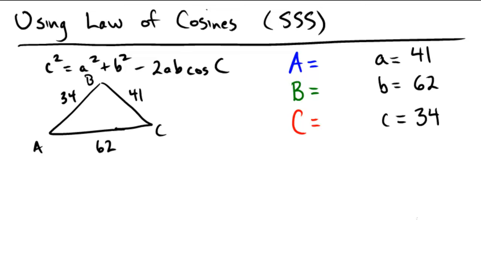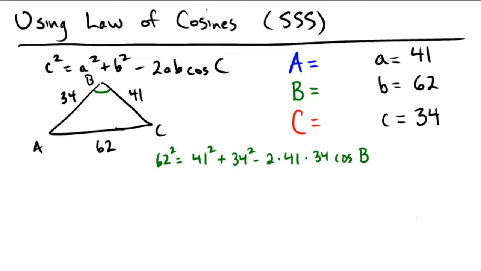So we're going to be solving for the big angle, which is angle B. That means we'll set it up as B squared, 62 squared, equals A squared plus C squared minus 2 times A times C times the cosine of angle B.